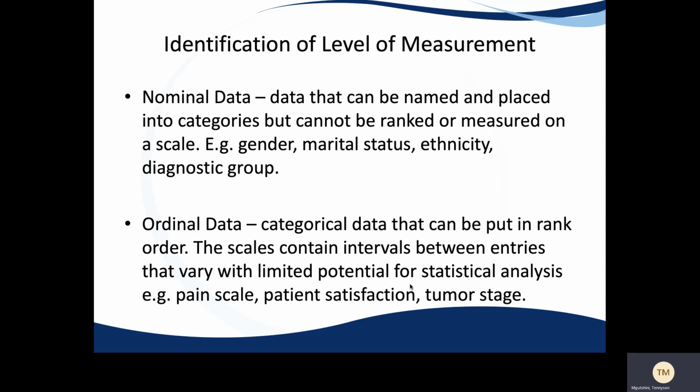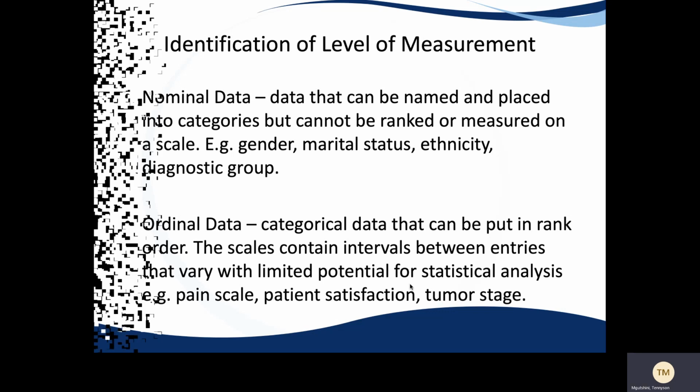But in ordinal data, we know the order, but we don't have a measurement of the intervals between the order. So we can't say someone who says they had very little pain differed by this amount from someone who said they had more than just a little pain. So ordinal data is better than nominal data, which is name only. It gives an order, but that order has no intervals.